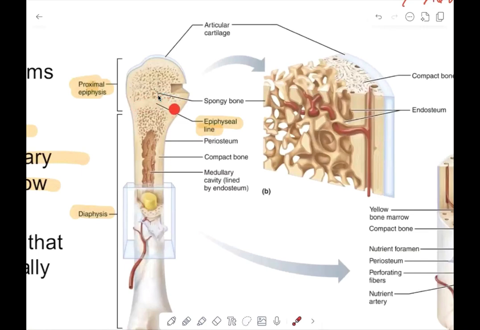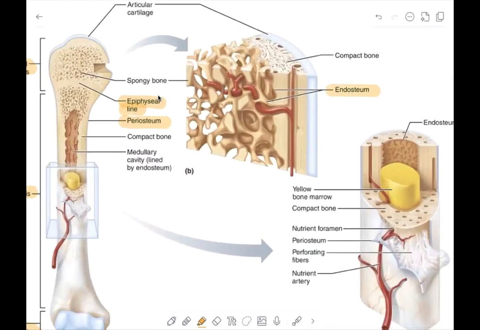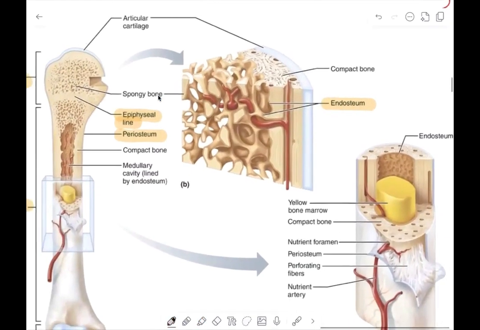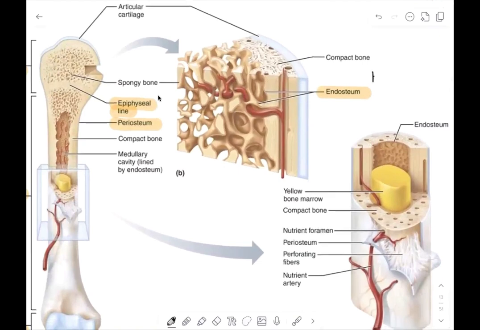That development of cartilage is interstitial growth. The periosteum is the outer membrane of the compact bone, and the endosteum is the inner membrane. And the endosteum would be basically the barrier between the compact and the spongy bone.